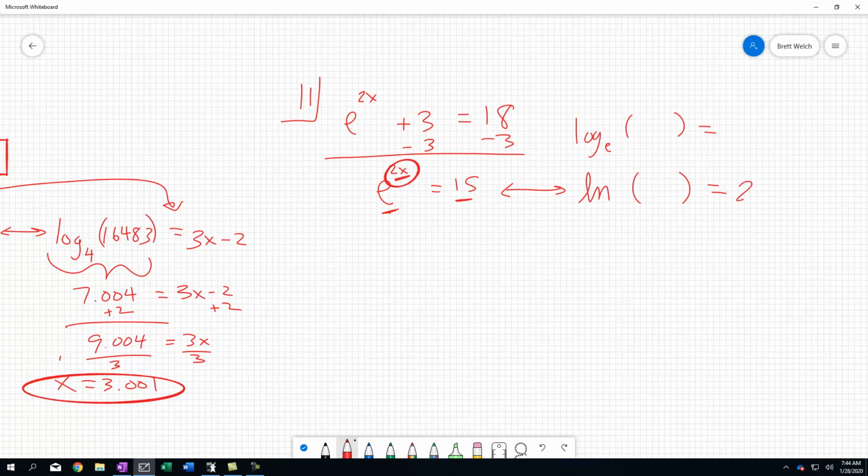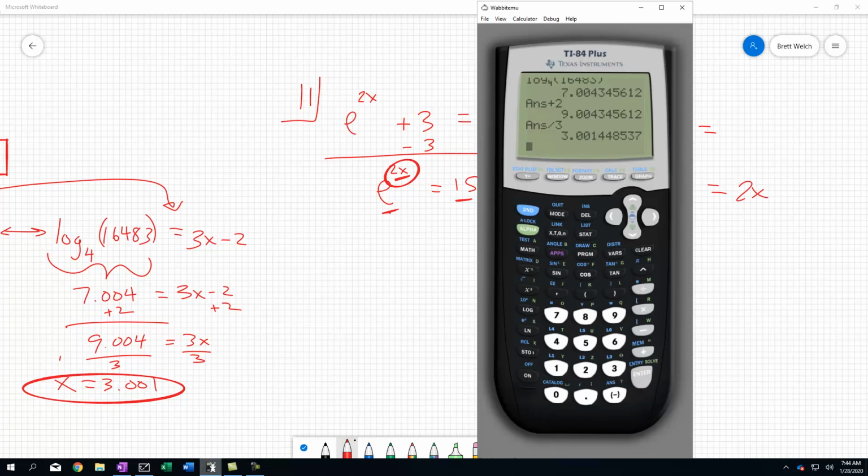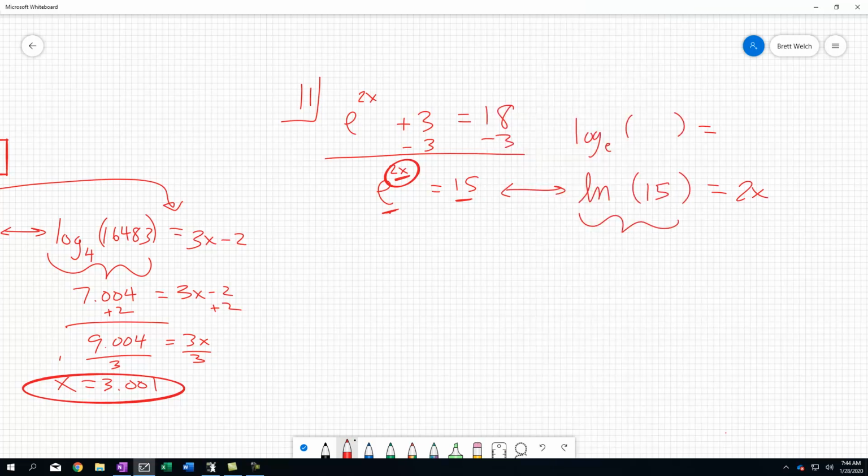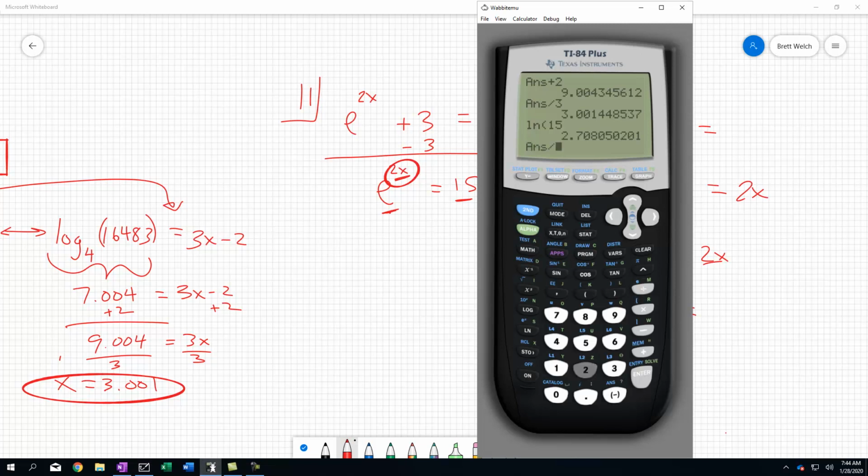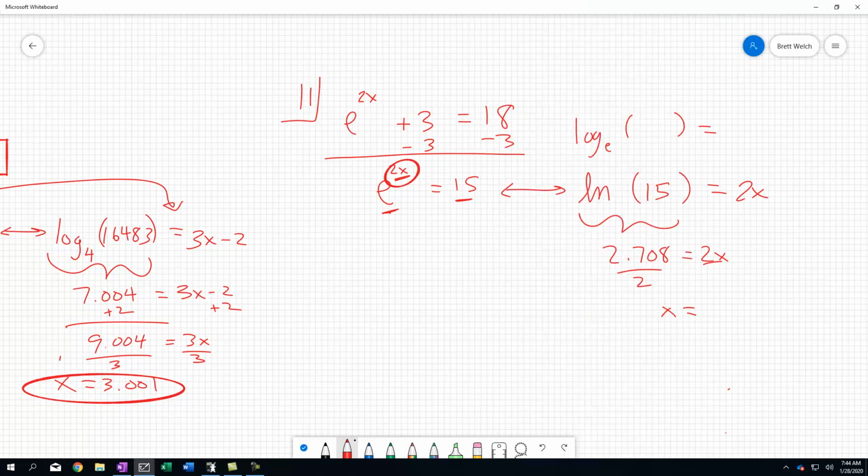Because the exponent was 2x, this will equal 2x, leaving me with a 15 to put in. Again, the log I can put in a calculator, and because it's an ln, I'm just going to push the ln of 15 to get 2.708. Try not to round these too much, or else you just cut a bunch of stuff off. If I divide that by 2, I get 1.354. Why not?